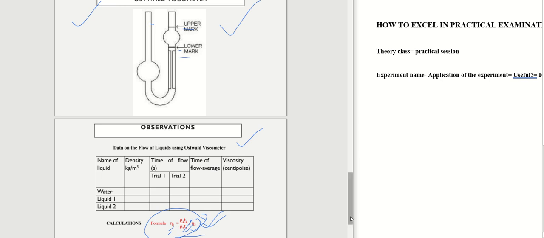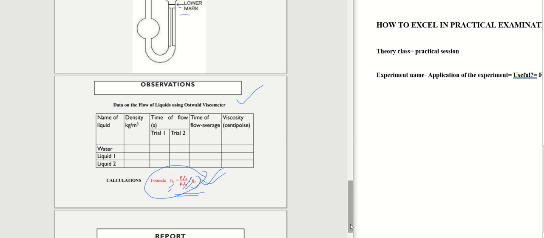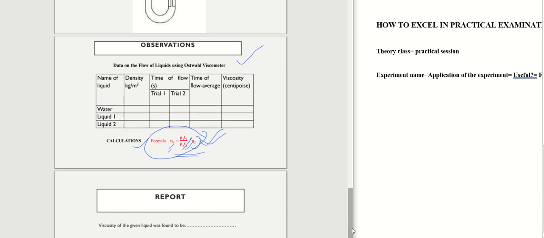So it is quite easy for us to draw the observation table. It is not always necessary to remember the table. It is always necessary to remember the formula.